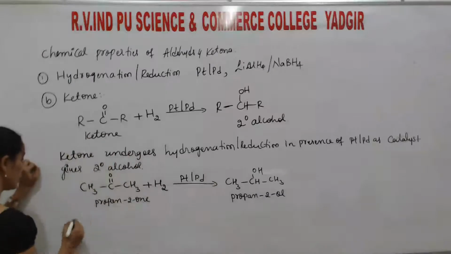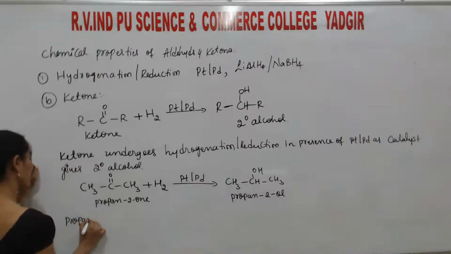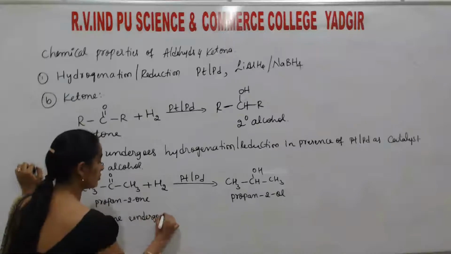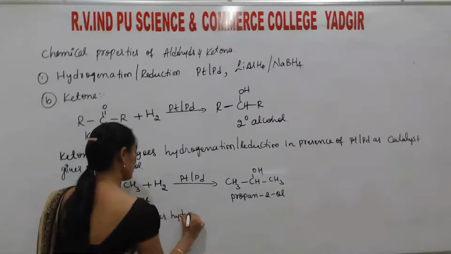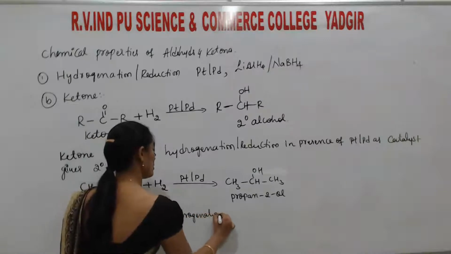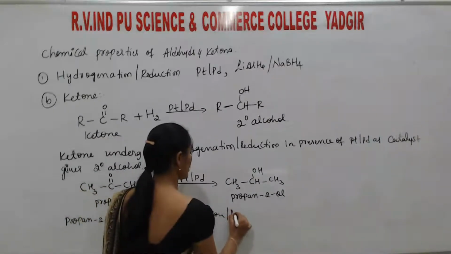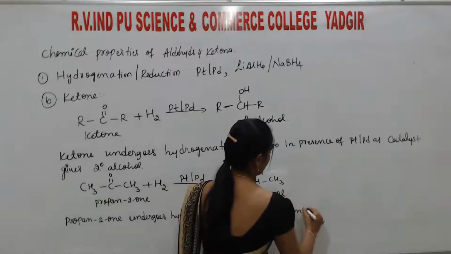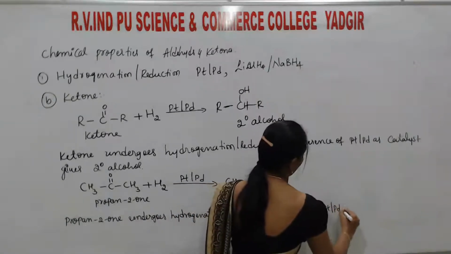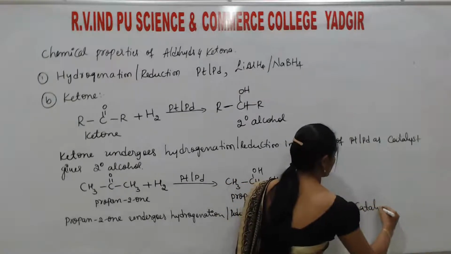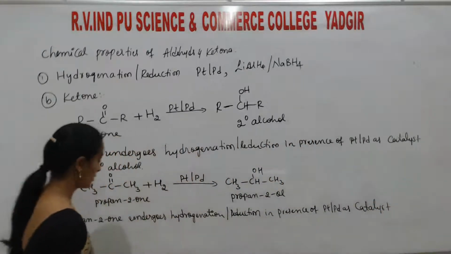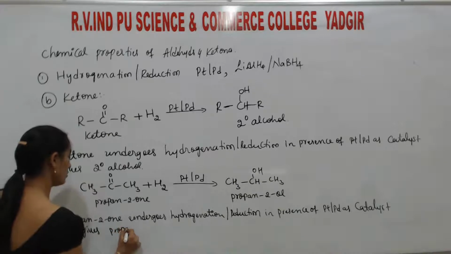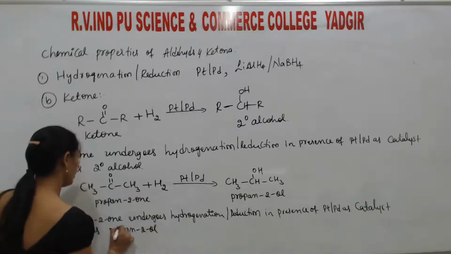Understood? So now propan-2-ol undergoes hydrogenation or reduction in presence of platinum or palladium as catalyst and gives propan-2-ol.